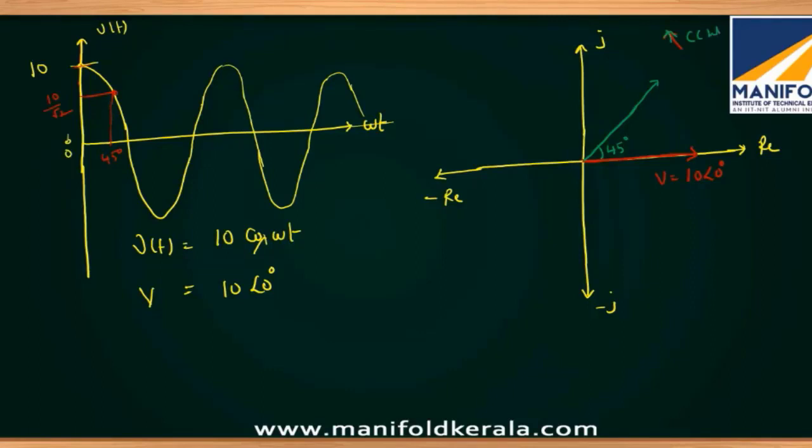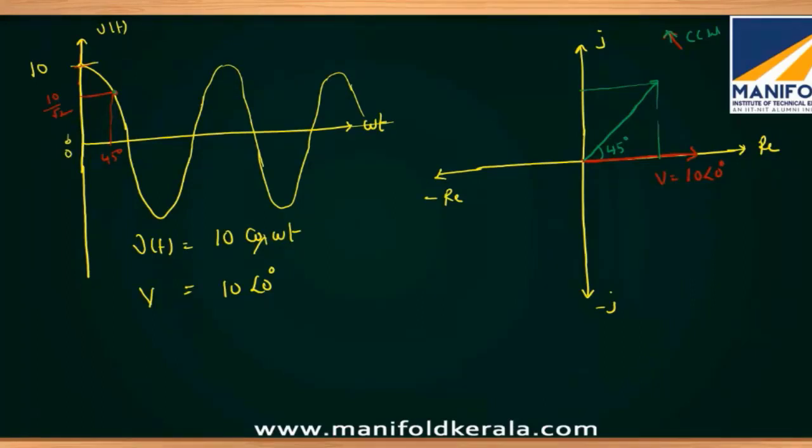Now, can you tell me what is its real value? The real axis value will not be 10. It will be less than 10. What is its value? 10 cos 45. This 10 cos 45 exactly matches the instantaneous value in time domain.